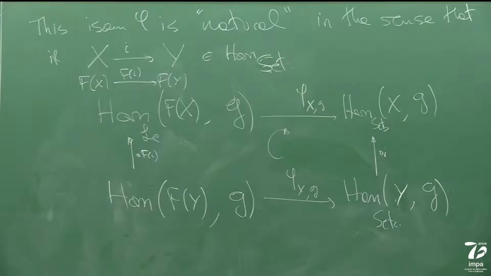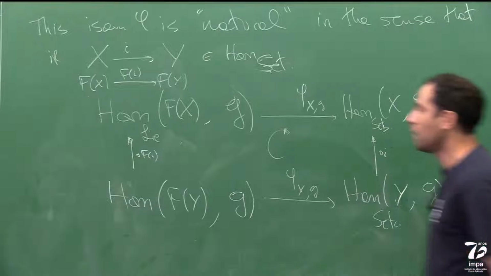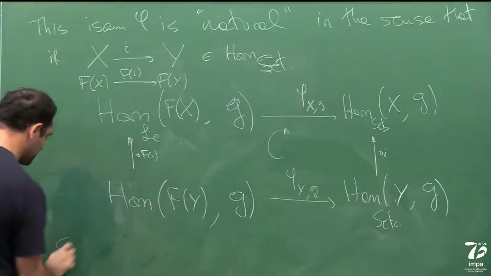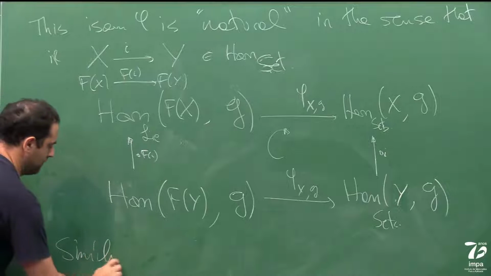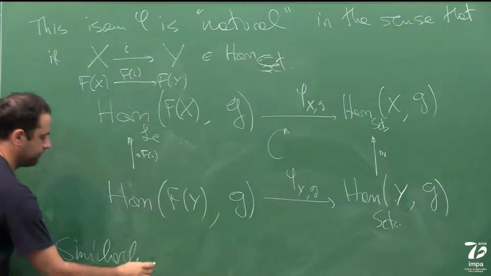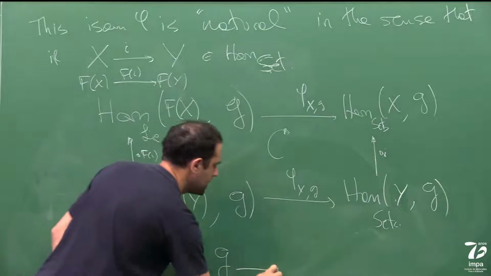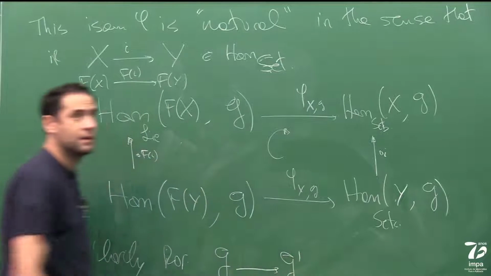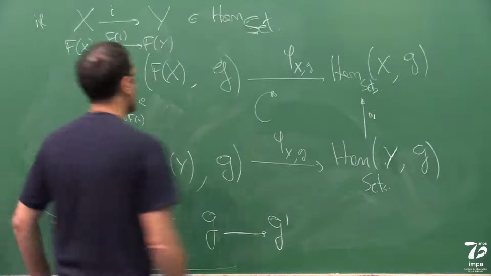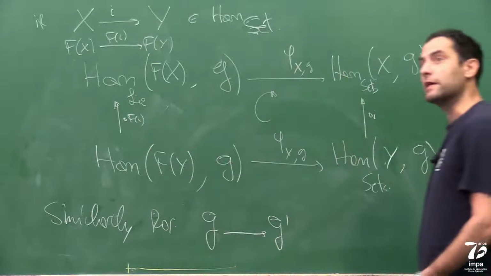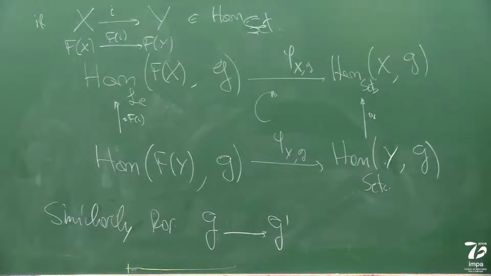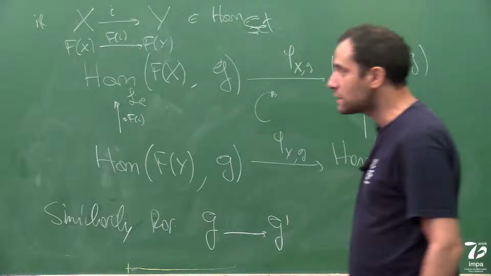And similarly, if you are given a morphism of Lie algebras, a morphism G to G prime, you're going to get some compatible diagram like this. Okay? So that's what an adjunction means.